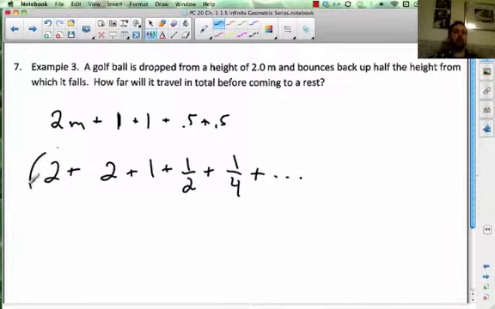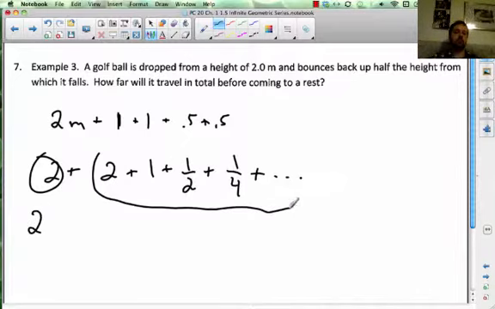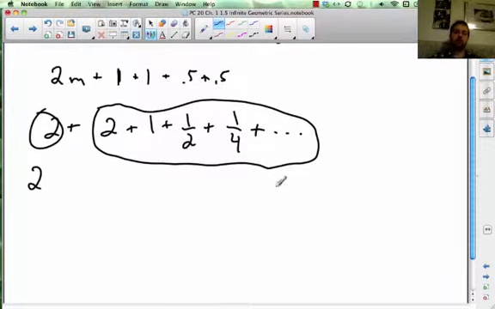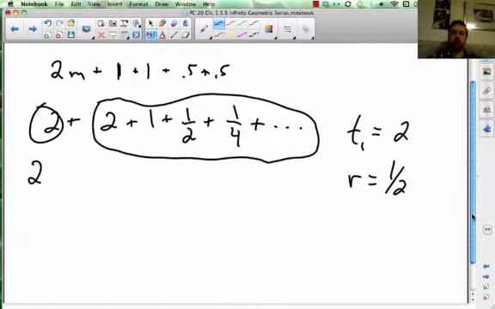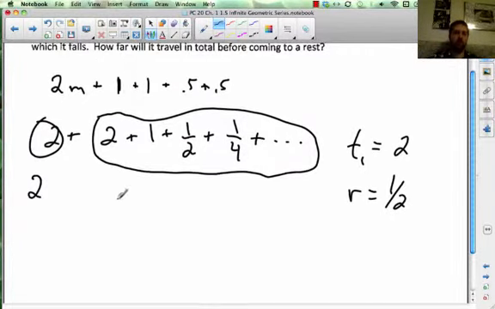Now, because it doesn't fit in our trend, this can be kept separate, and this looks like a regular infinite series with a starting term T1 and a common ratio R, which is 1/2, which is the height that the golf ball bounces back up to every time.